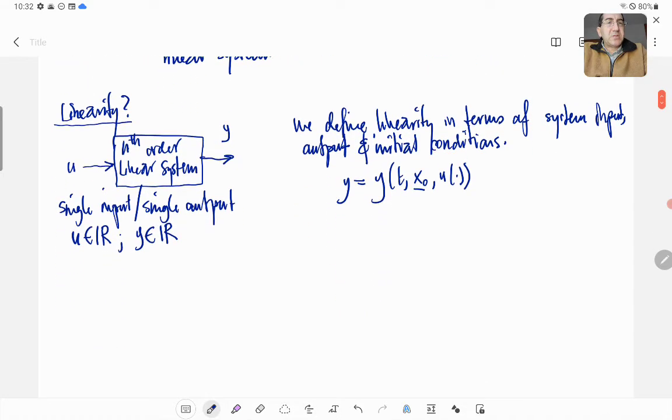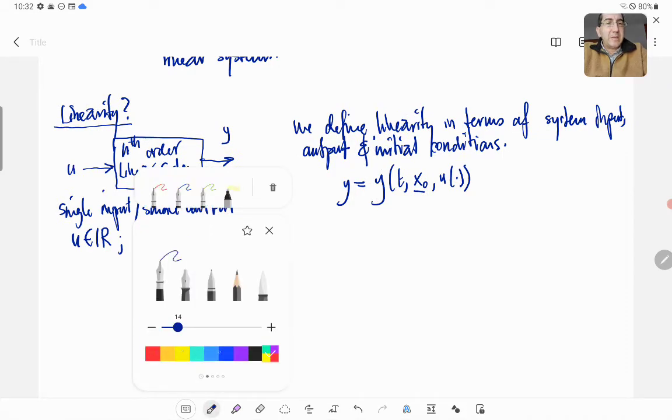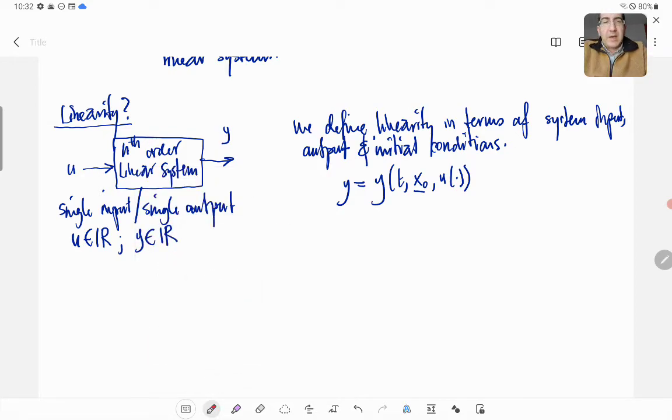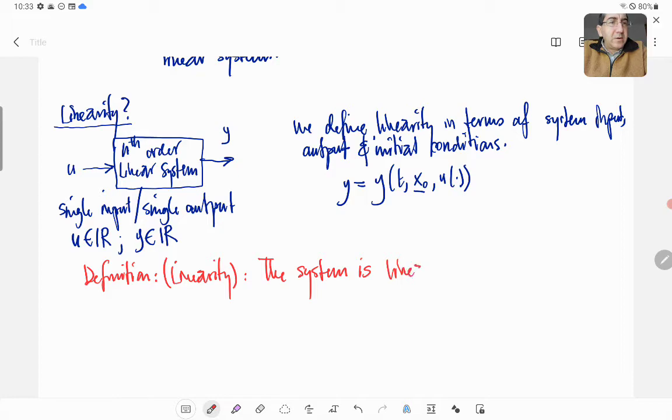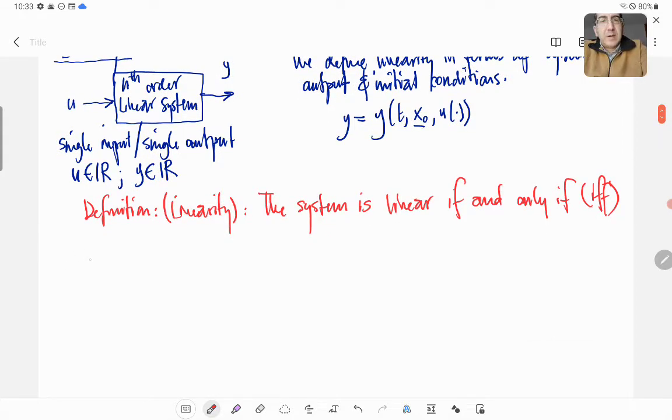Now let's try to make a definition for linearity. The system given above is linear if and only if, usually abbreviated as IFF, a number of properties hold for the input, the initial conditions, and the output. Here are the properties.